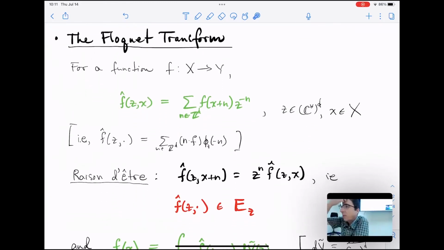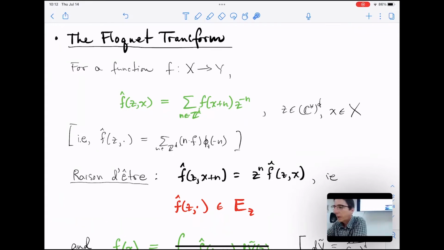Okay, now the Floquet-Bloch transform. Here's the important part. I've shown you that you have eigenspaces for the shift, and I've shown you exactly what those eigenspaces are and how you can construct those eigenspaces for the shift, for all the different eigenvalues for the shift, which correspond to these characters. All right.